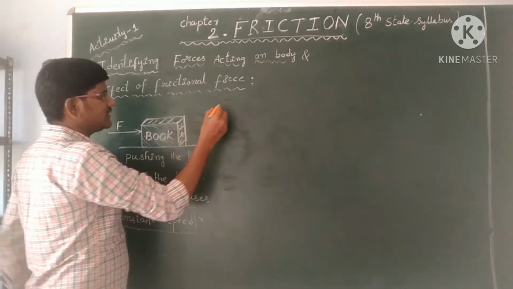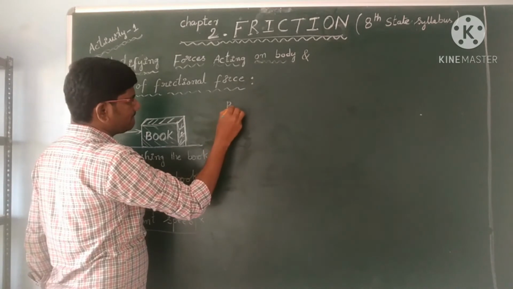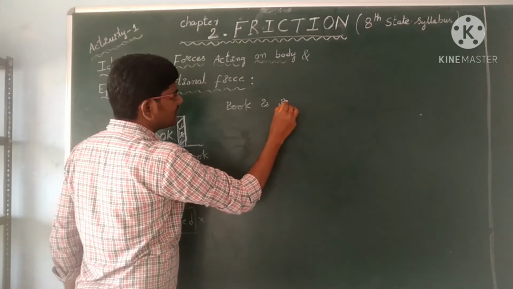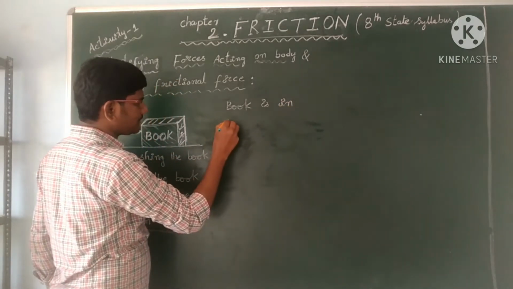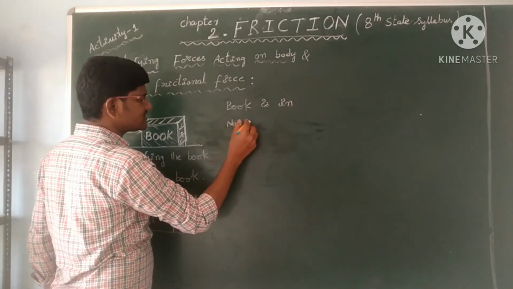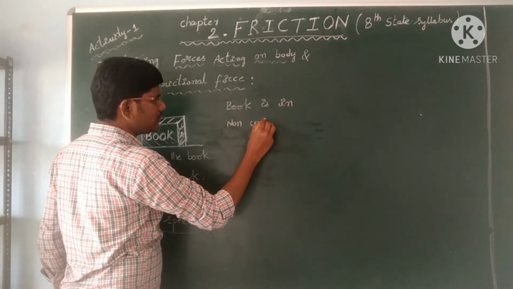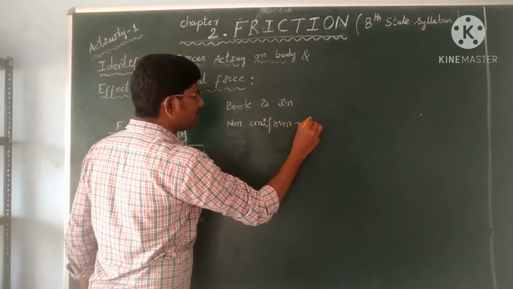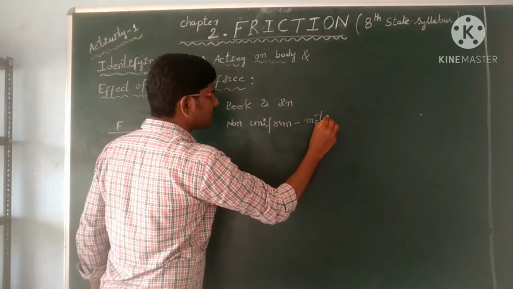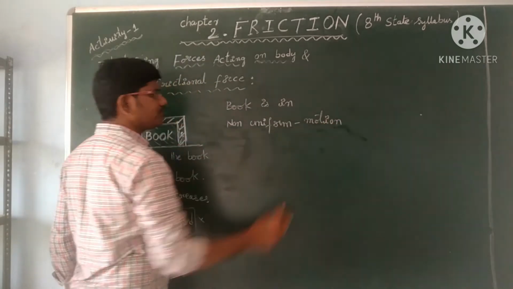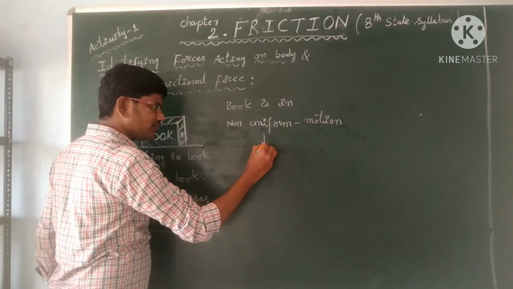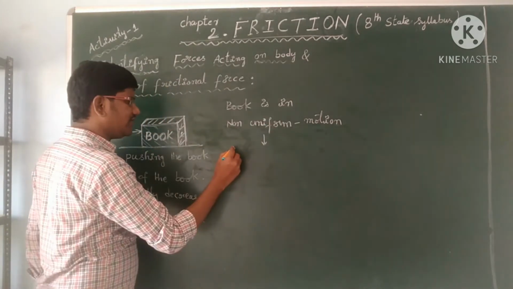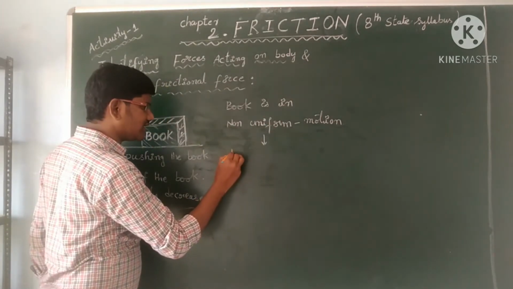So here the book is in non-uniform motion, and from the force lesson we know that an object will be in non-uniform motion when a net force is acting on it.